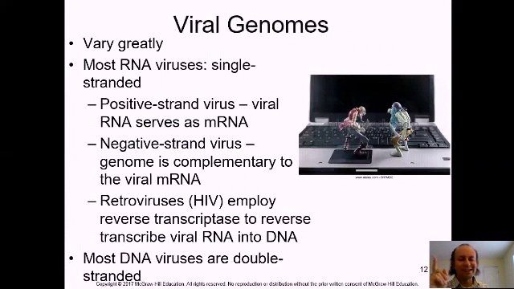Remember your nucleic acid class, the genes, the replication of the cell, how proteins are made. You need messenger RNA. Then, the negative strand virus has a genome that is complementary to the viral mRNA, the messenger RNA that the eukaryote cell has.